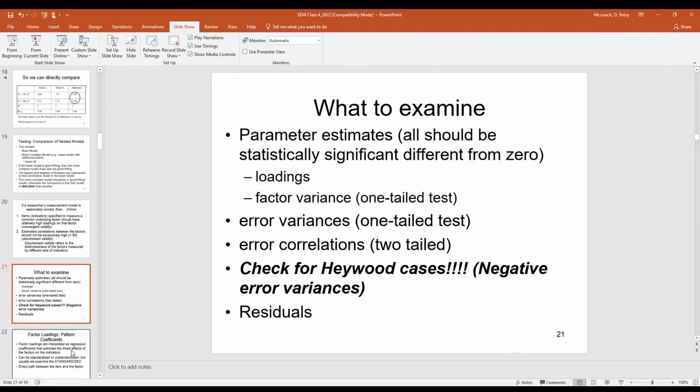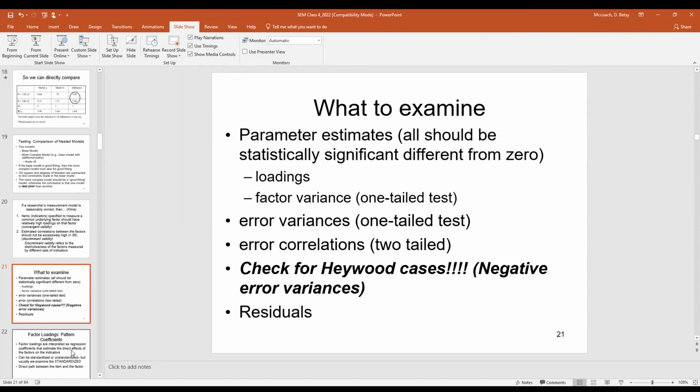That is measured perfectly. Yeah, exactly. It would mean that the factor perfectly measures the indicator. And what would that mean about the correlation between the indicator and the factor? It would be 1. And then what would that mean about your factor? That's a problem. No indicator should be redundant with our factor, right?